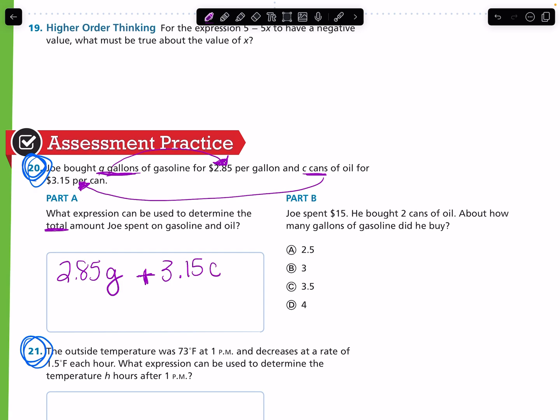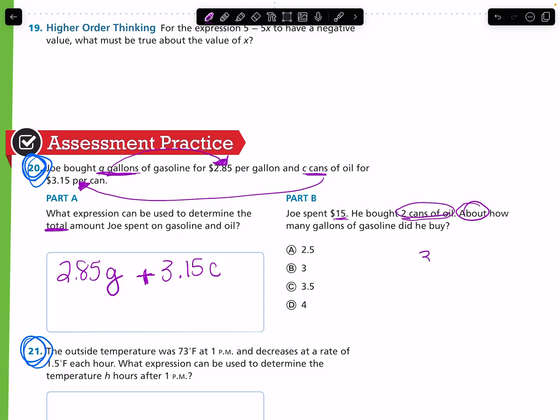Now here's where it gets a little tricky. It says Joe spent $15. He bought 2 cans of oil. About how many gallons of gasoline did he buy? So since we get to do the word about, I'm going to figure out how much he spent on oil. So I don't need to worry about that 15 yet.